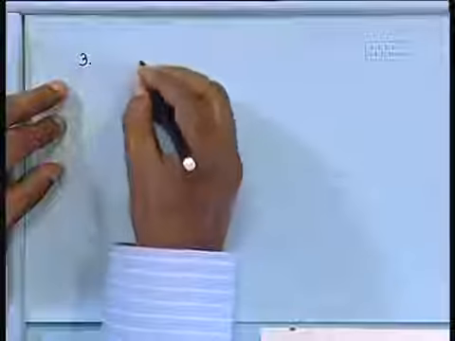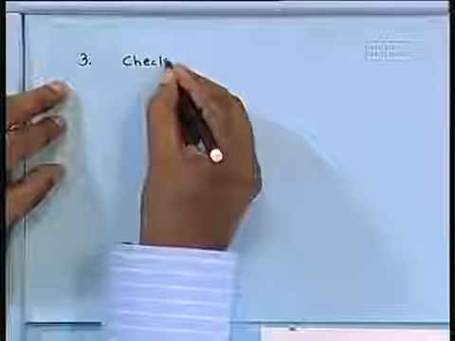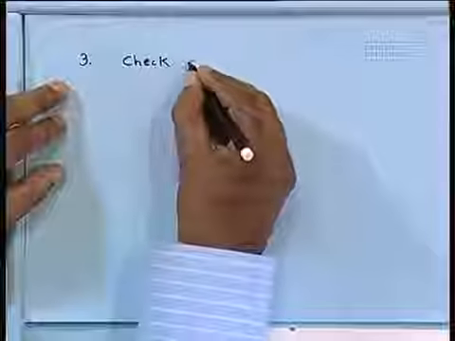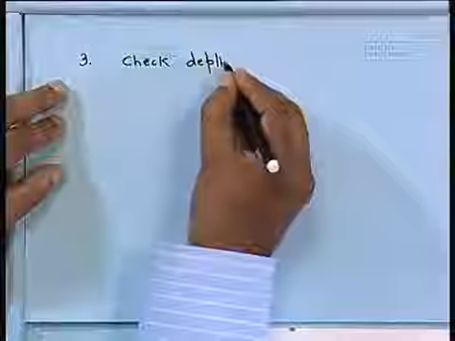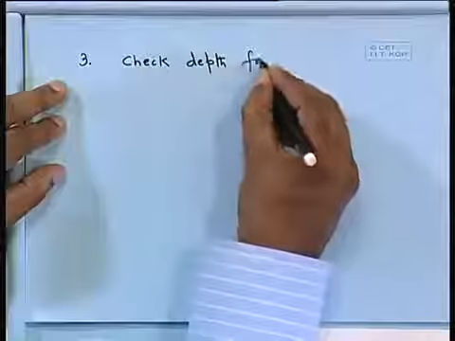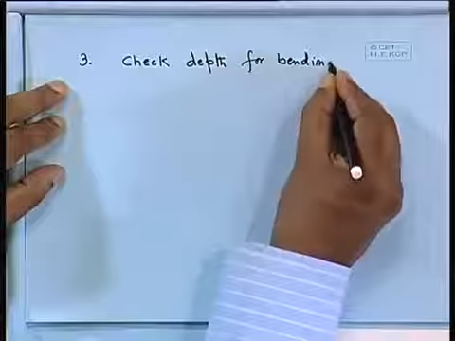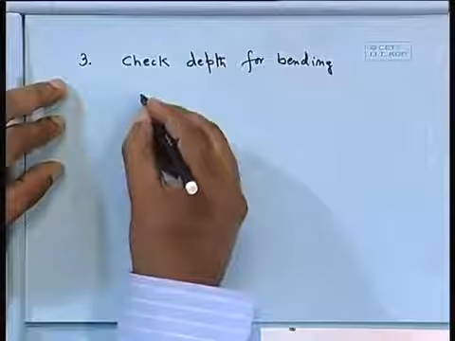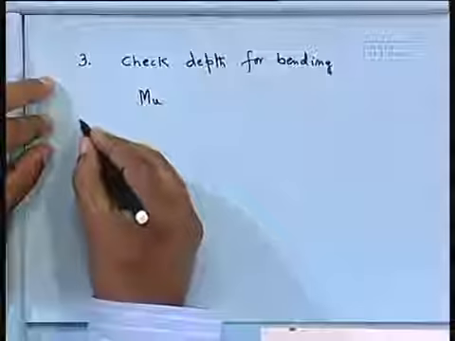So, let us start check number 3, check depth for bending. We are considering bending first. We shall use the same formula of a rectangular beam.